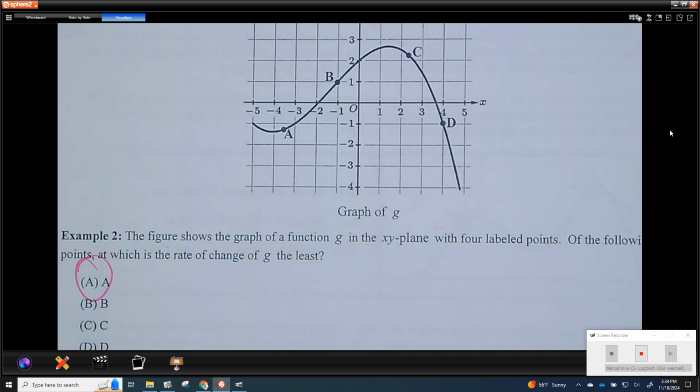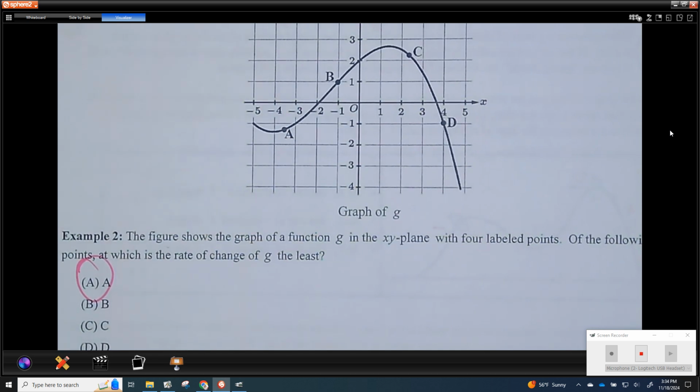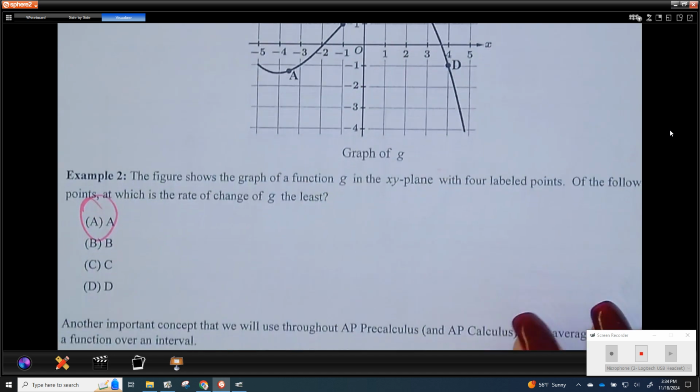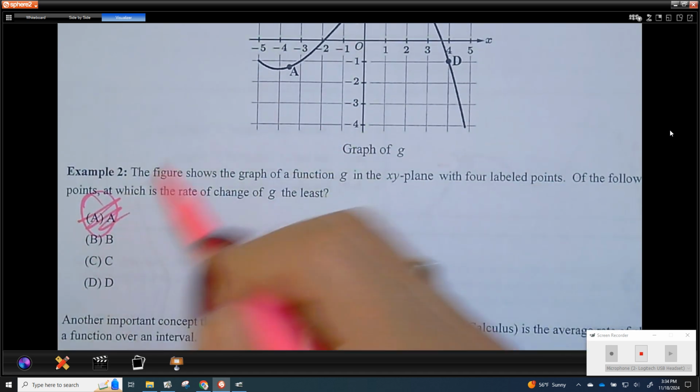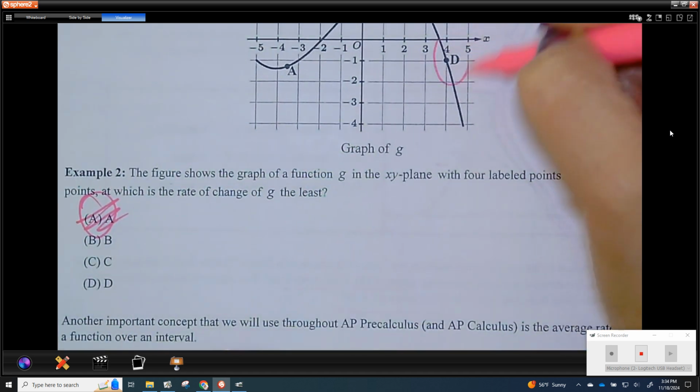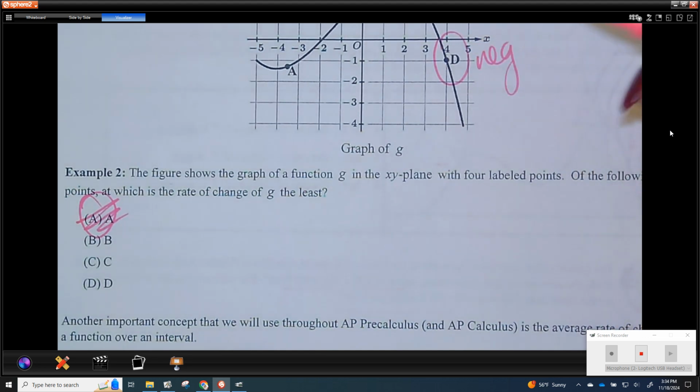Well, not as steep as the others. Oh, I was wrong. I had it right in class and I'm wrong here. It is not A, it is D, because it is negative and it's the most steep negative.